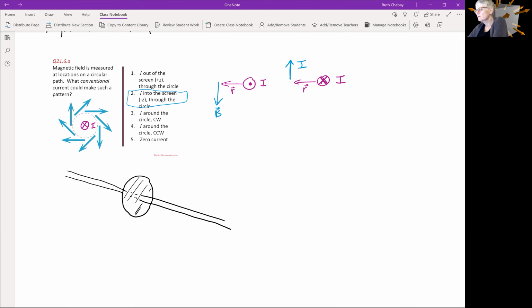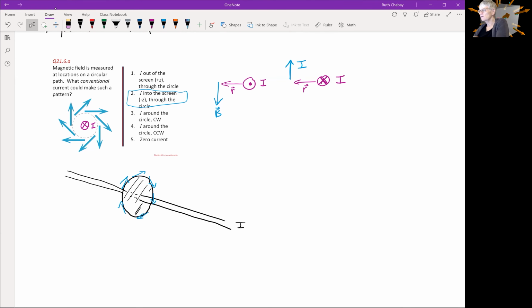There's a wire piercing the surface, and what we want to do is look at the magnetic field along that circular path and relate it to the magnitude of the current that's, in this case, going that way, piercing this soap film.